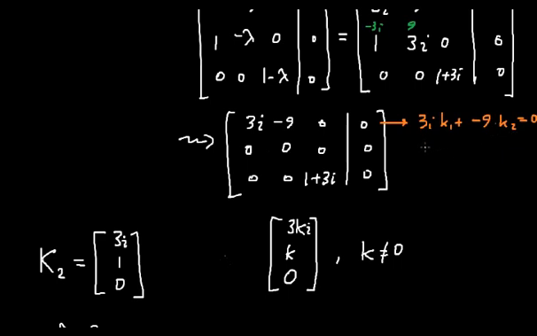So what we need here is k1 equals 3k2 divided by i. But dividing by i is the same as multiplying by minus i. So it's equal to minus 3k2 times i. So we have to put that minus in here, and so we keep that minus there.